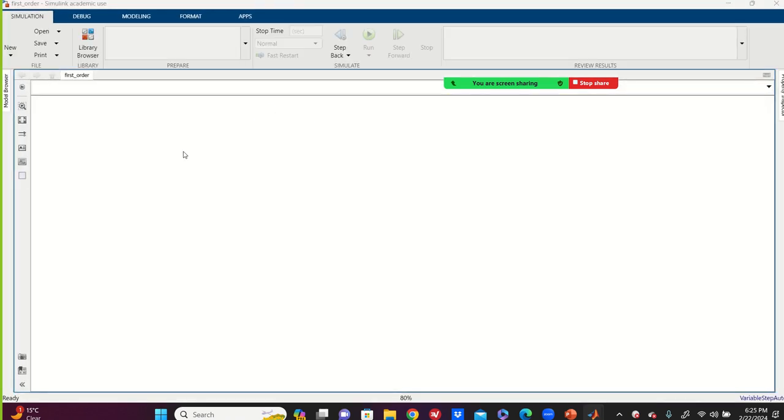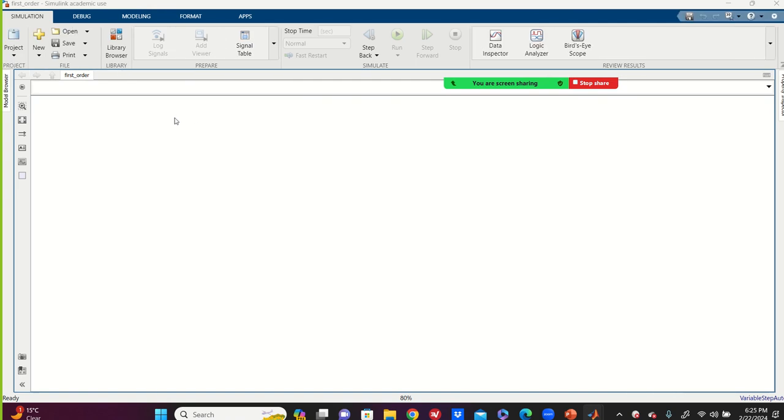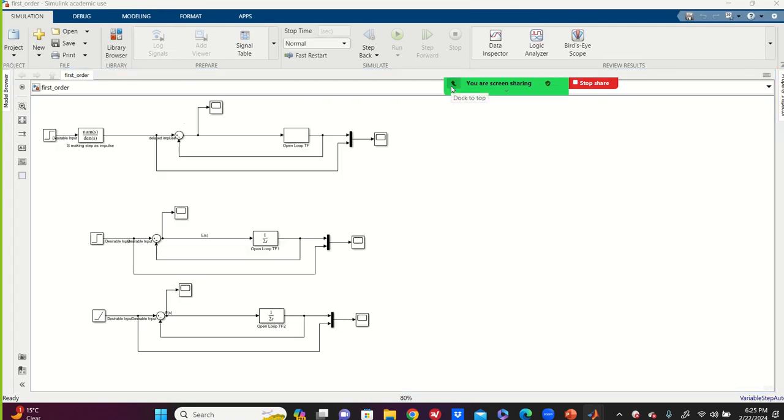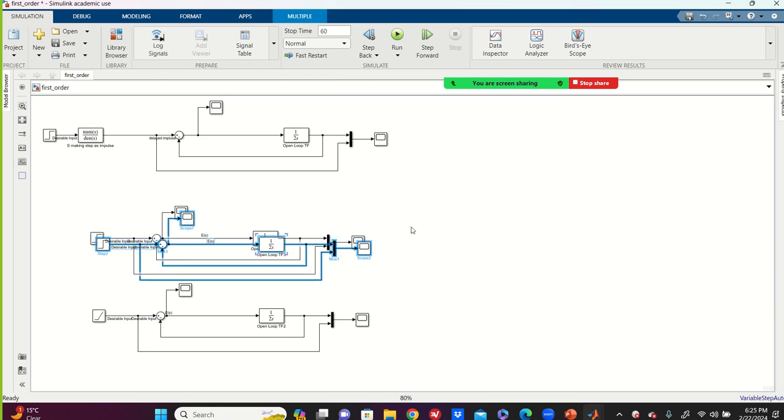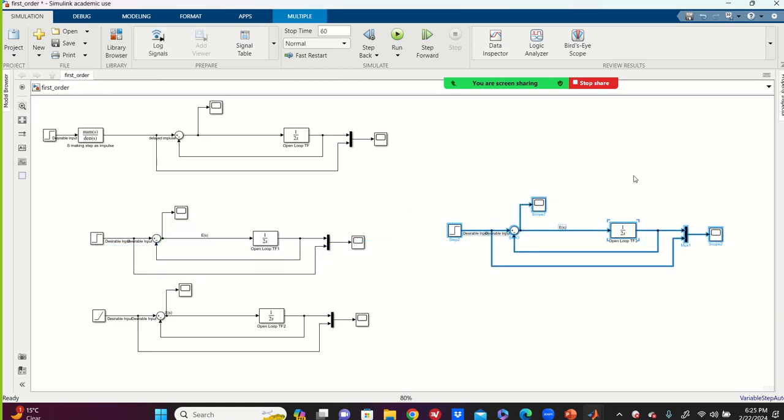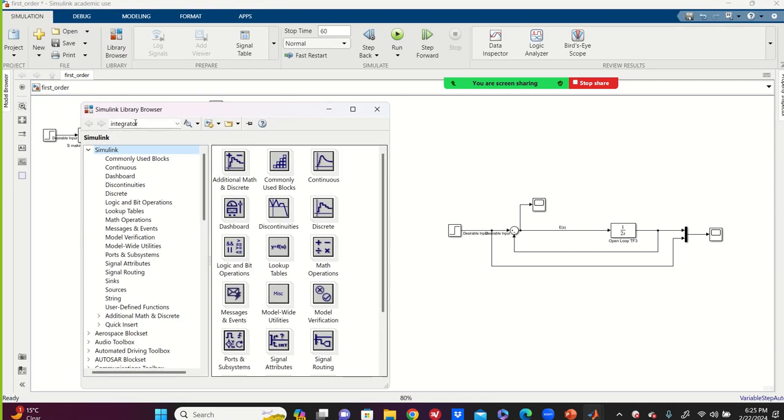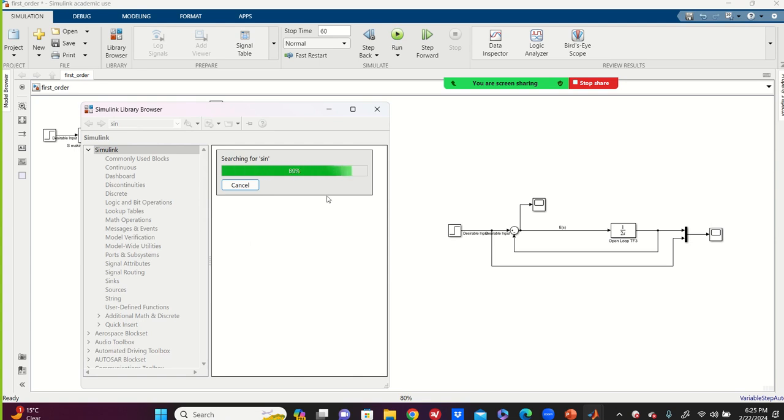Okay, because I'm going to share this with you today. Let me do this. Control C. I'm going to move this here. This is the first order system, so nothing changes, except now the input to the system is a sine. Here we go. I'm going to put a sine here.